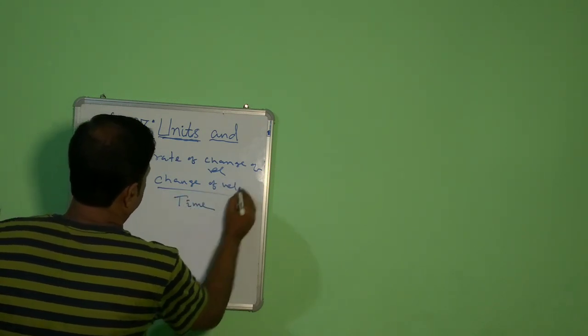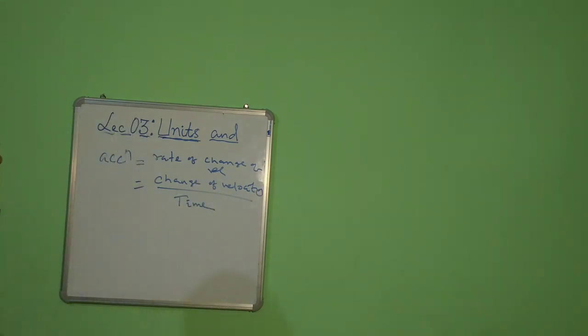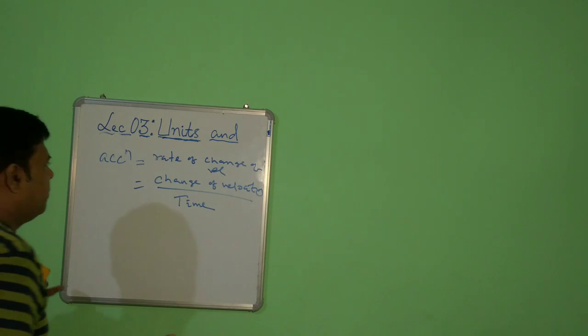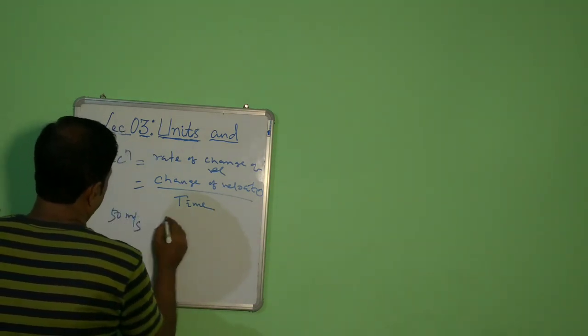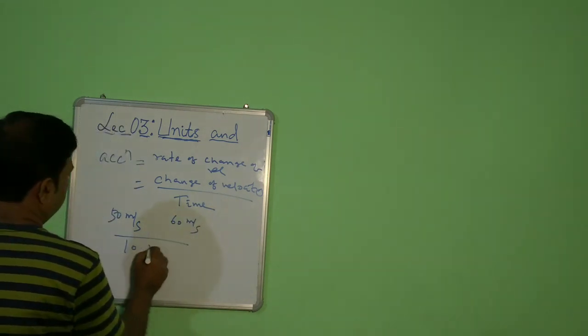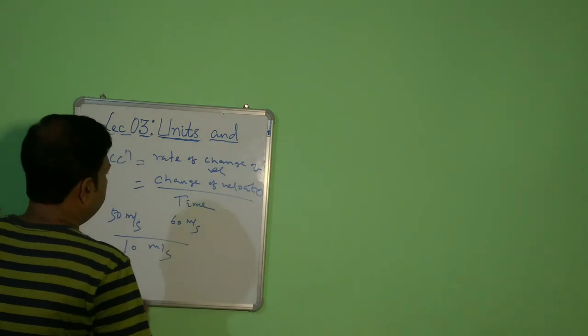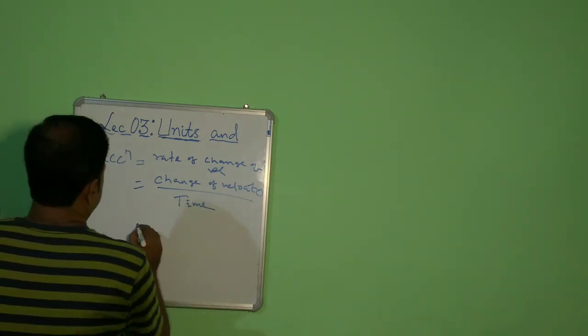We know that the unit of velocity is the same as the unit of change of velocity. Suppose 50 meter per second is changed to 60 meter per second. That means the change is how much? 10 meter per second. So again the unit remains the same. The unit is not changed.